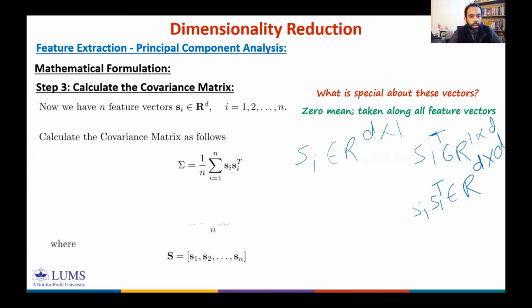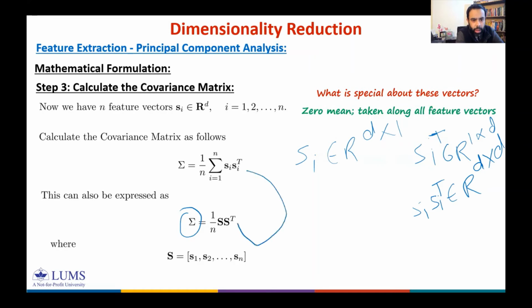So compactly, we can represent this covariance matrix sigma as 1 over n times S into S transpose, because instead of using summation, I can write S into S transpose.